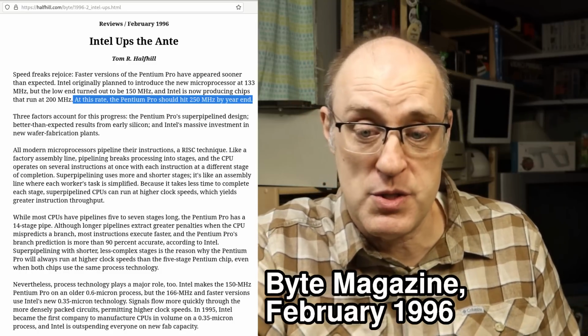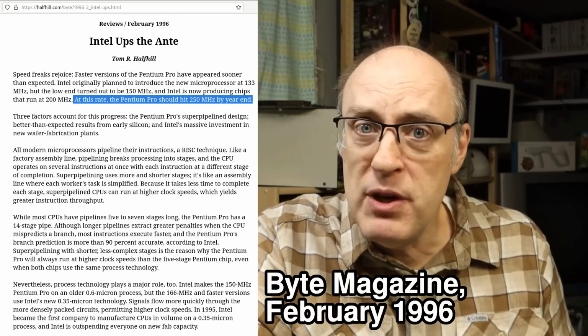Now, that 1 megabyte CPU, the 1 megabyte cache CPU, is kind of interesting. There was a lot of industry speculation that by 1997, the Pentium Pro would hit 250 megahertz. That CPU never materialized.